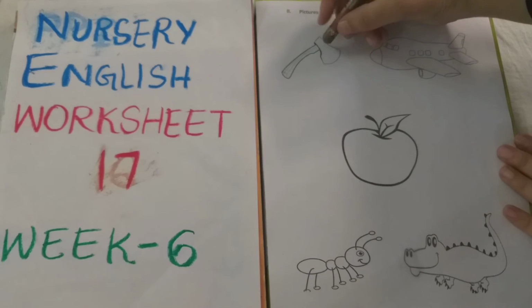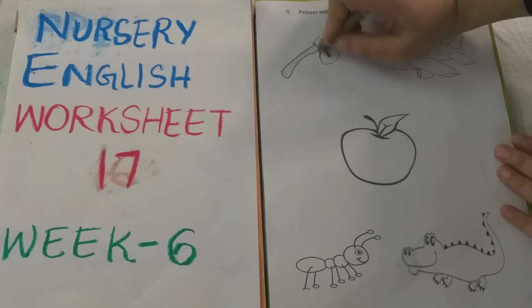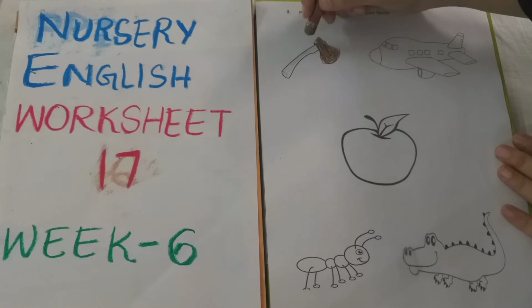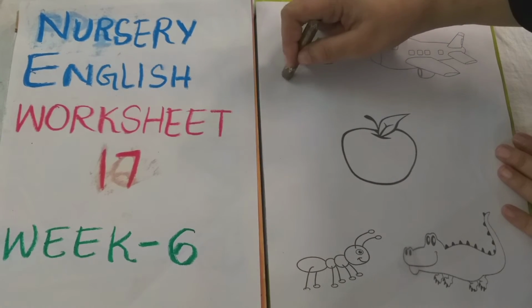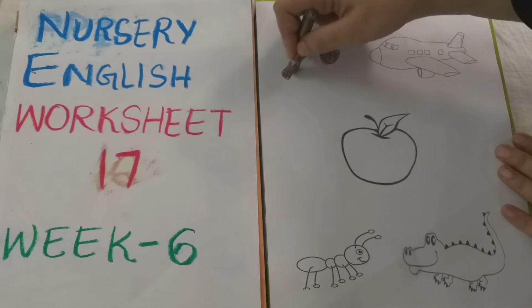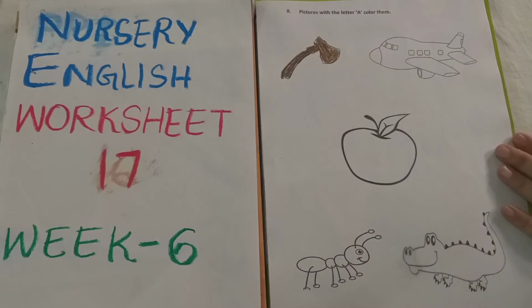Let's color the axe. A, axe. And the sound of A. This is called axe.